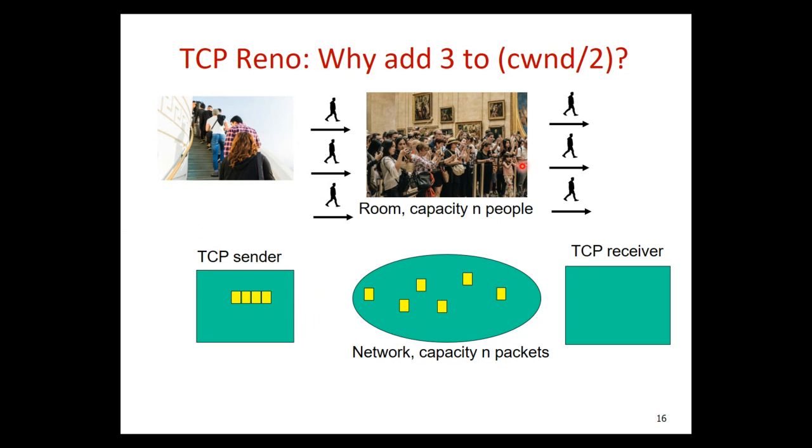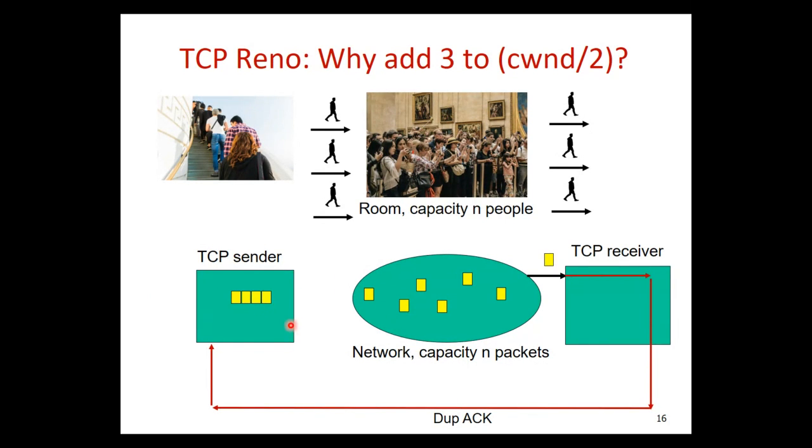Now, remember this CWND is reduced to be CWND divided by 2 plus 3 when there's a packet loss, which is detected by 3 duplicate ACKs, right? So at the sender, the event is reception of 3 duplicate ACKs.